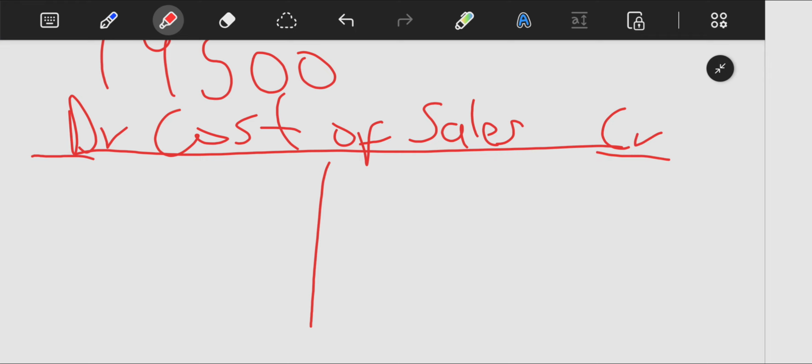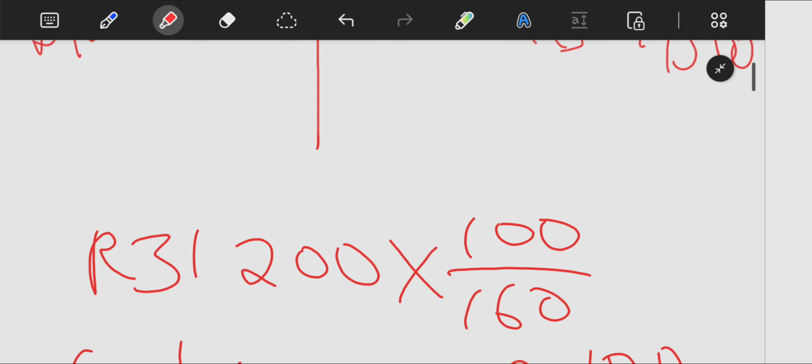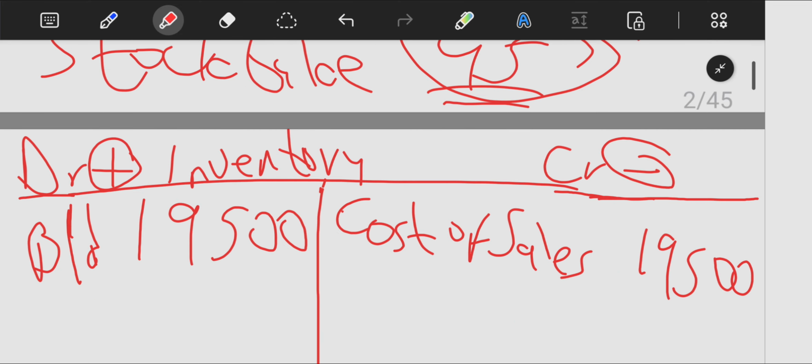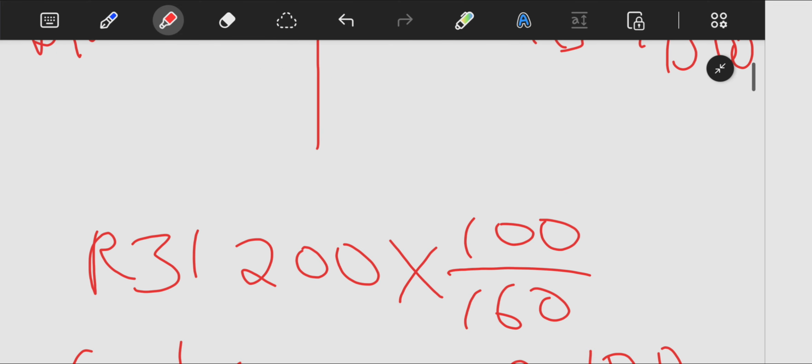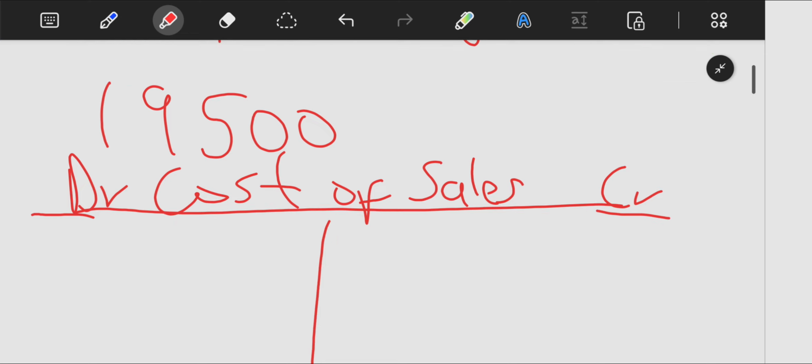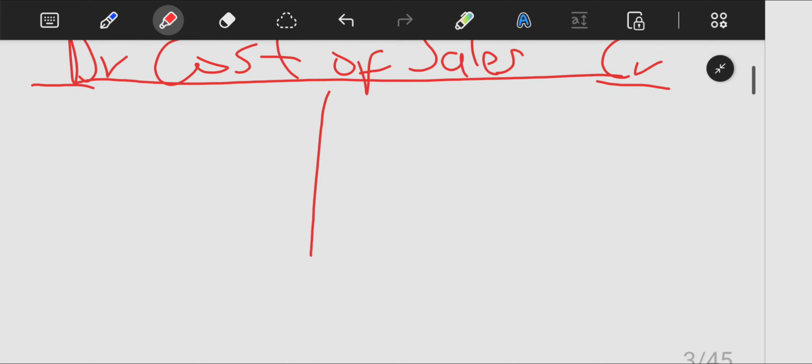Remember, when you debit on one side, you're going to credit on the other side. Here we have credited. Now we're going to debit the cost of sales with the 19,500. Where is it coming from? From inventory account. Why is it coming here?